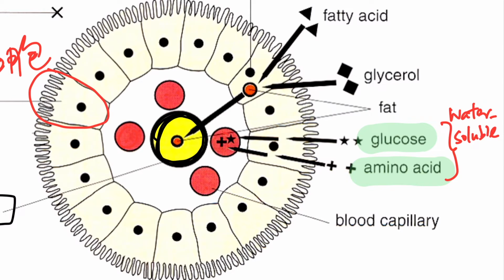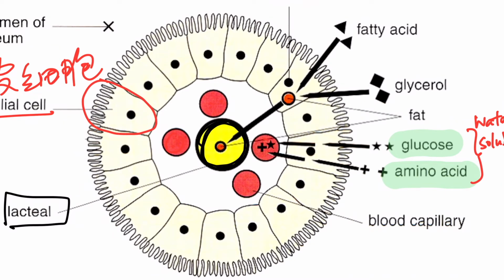Water soluble food substances can be absorbed into the blood capillary through two processes, namely diffusion and active transport.